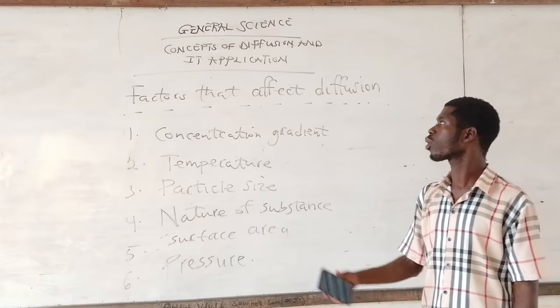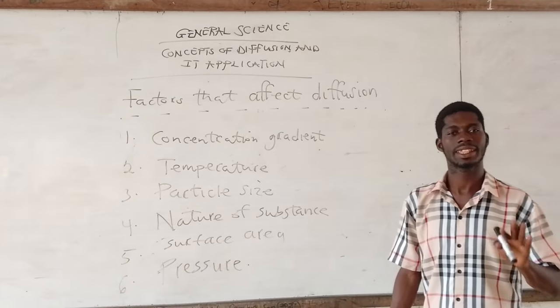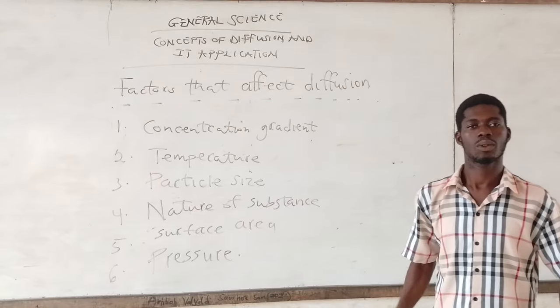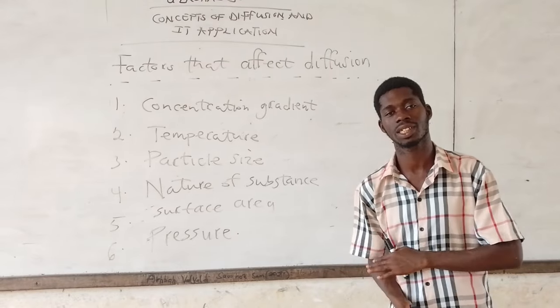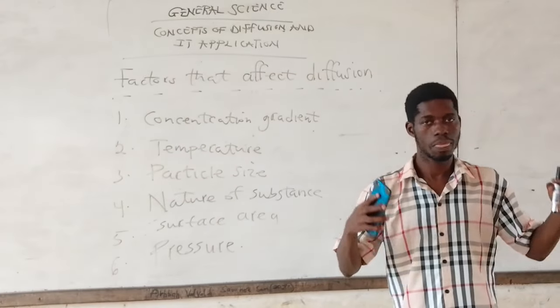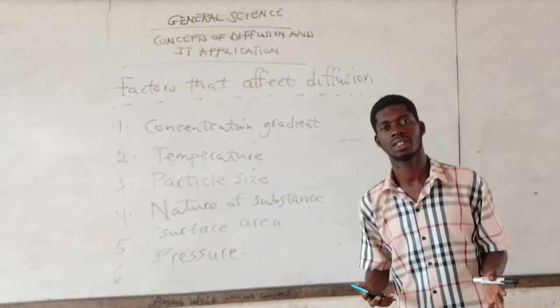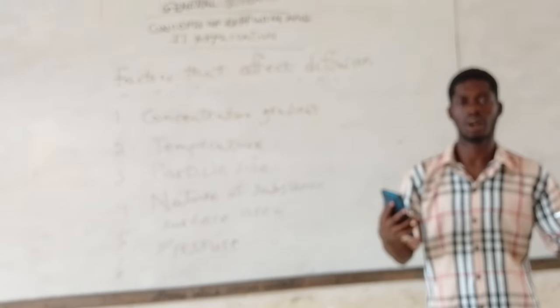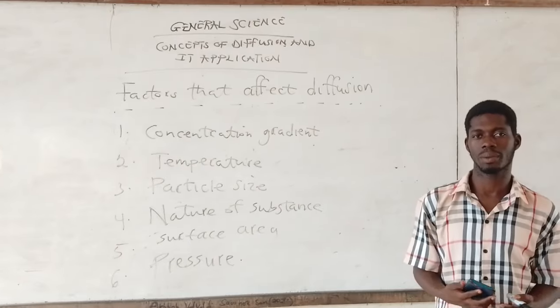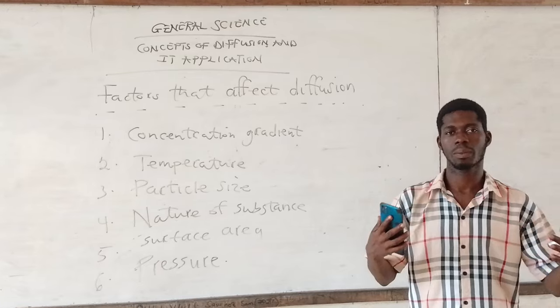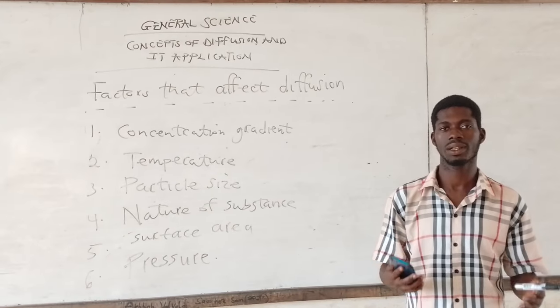Still on the topic, the concept of diffusion and its application in our daily life. Now you know the definition of diffusion. Also you know about concentration gradients as well. Then we also talked about one experiment to demonstrate diffusion using what?